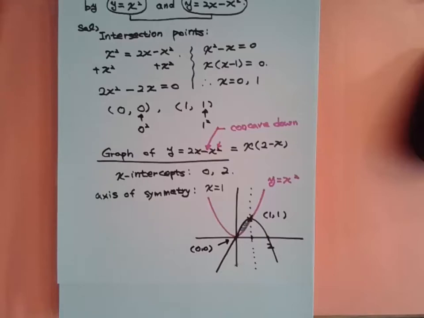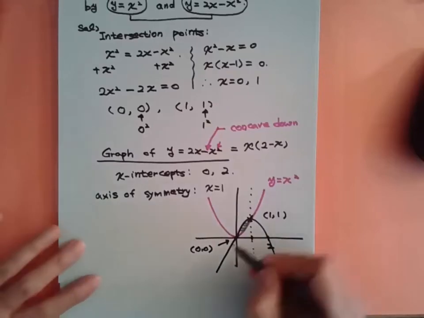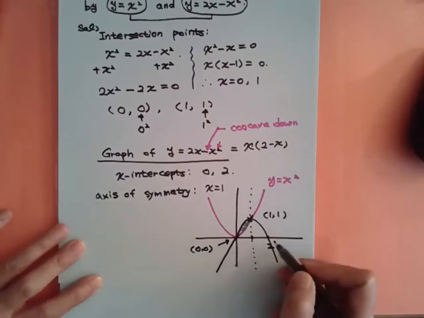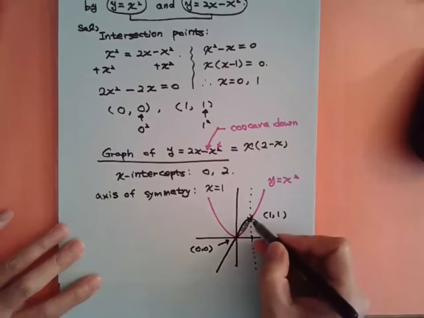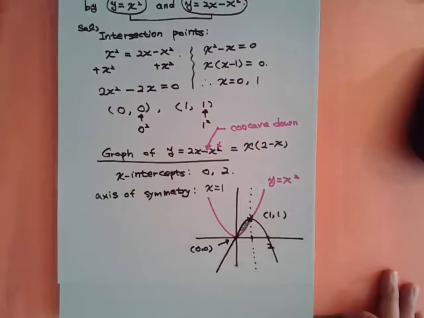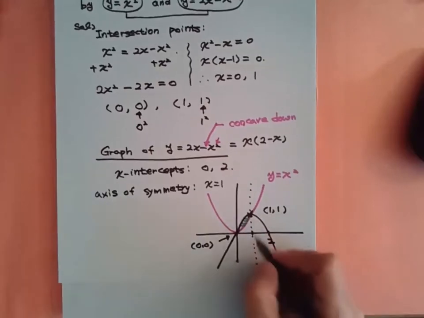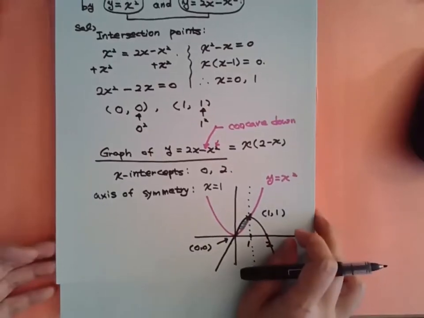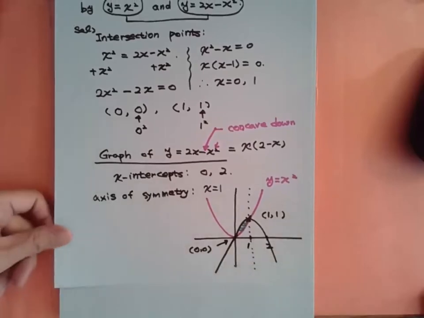When we integrate, the lower bound should be 0 and the upper bound should be 1, because this is the larger point at the intersection point. Let's set up the integration.